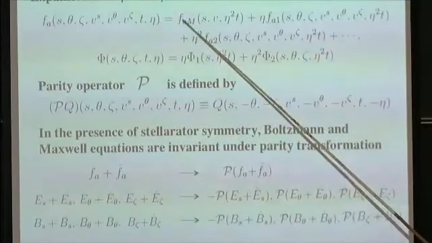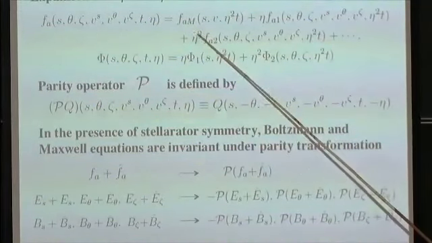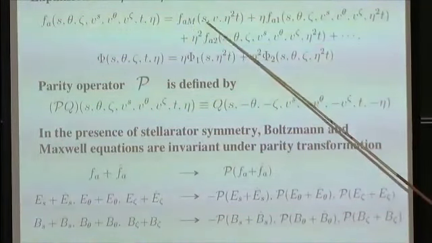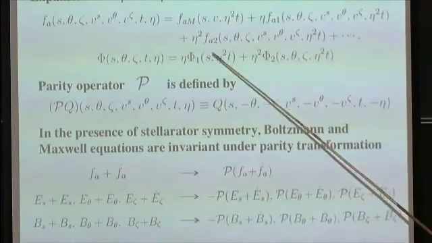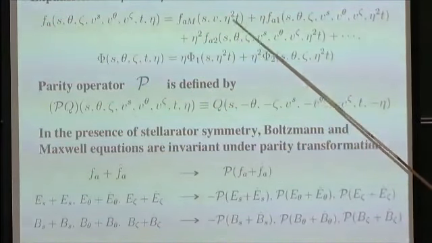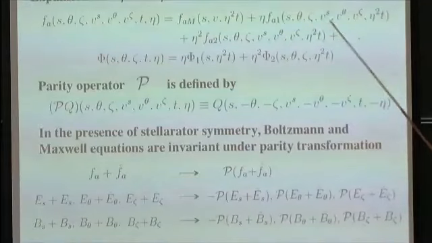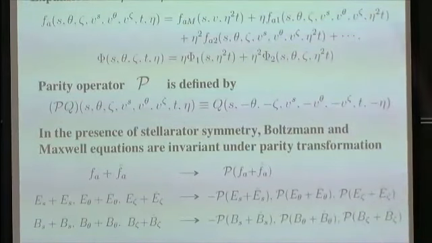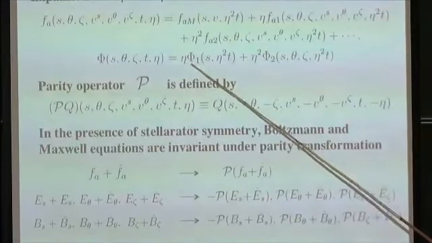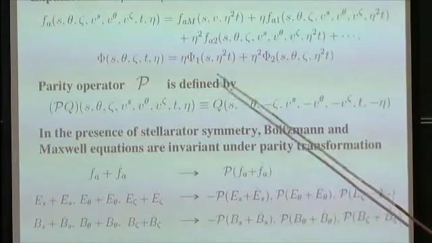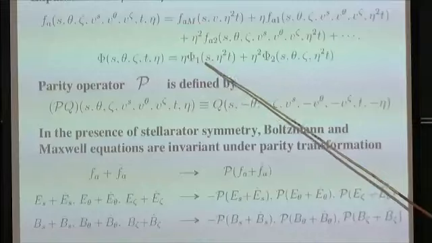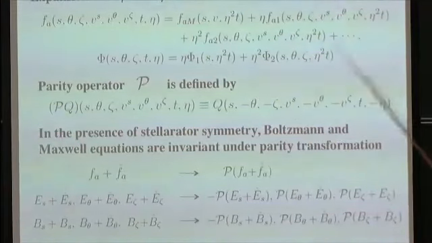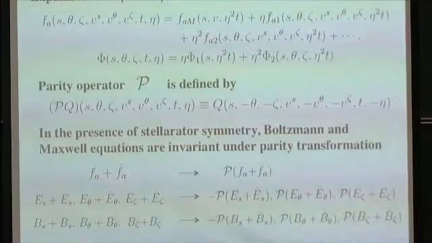The lowest order distribution function is assumed to be a local Maxwellian, independent of the toroidal angle. Also, that is slowly changing in time, and this is first order and second order. If we assume slow rotation, the electrostatic potential begins from the first order in eta. Also, the lowest order potential is assumed to be a function of S only, independent of the poloidal and toroidal angles.